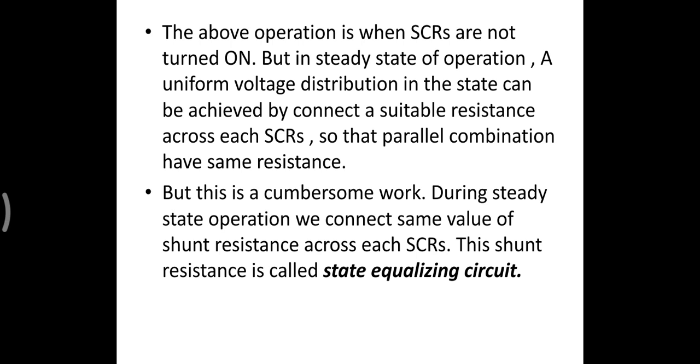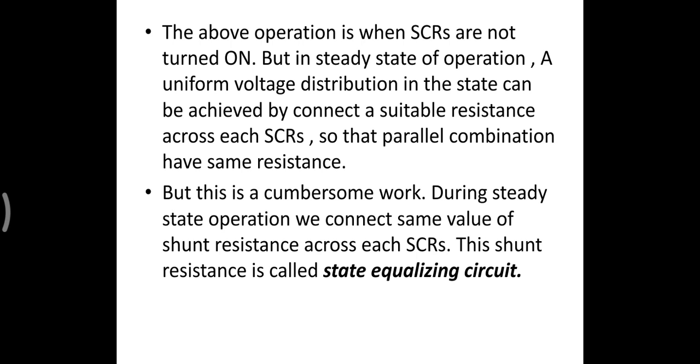But in steady state operation, a uniform distribution can be achieved by connecting the same resistors. So before turning on the SCR, there is no need to connect any resistor across the SCRs. But once you turn on the SCR, the voltage distribution must be the same across each one. So how can we overcome this problem? By connecting parallel resistors across each individual SCR.